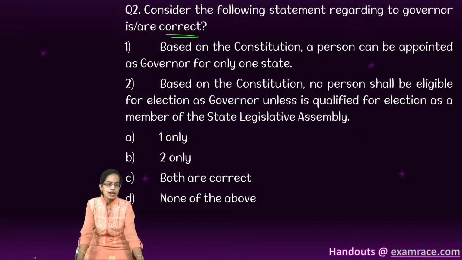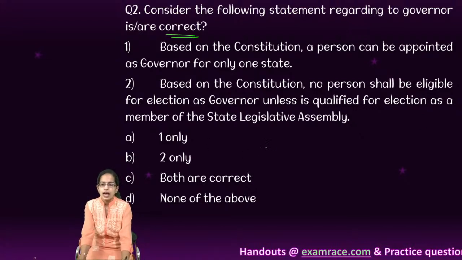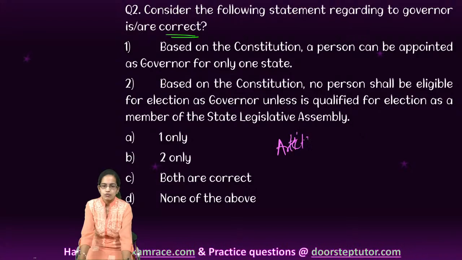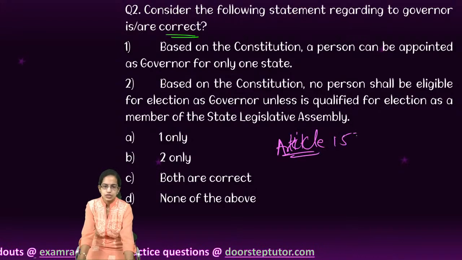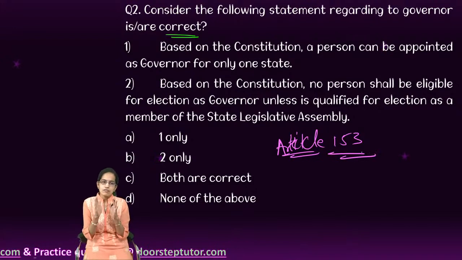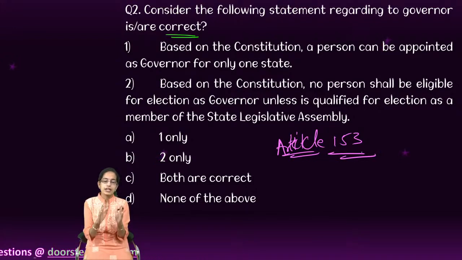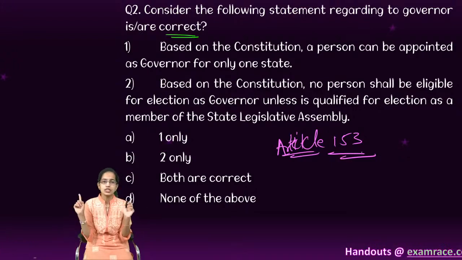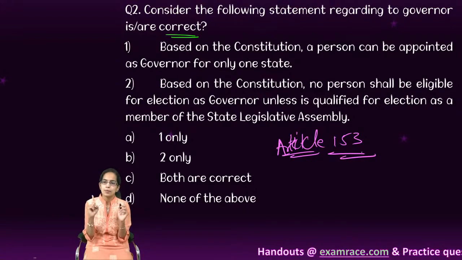Now, as per Article 153, the Constitution says that a governor can be appointed for two or more states at the same time, and nothing in the Constitution shall prevent such an appointment.